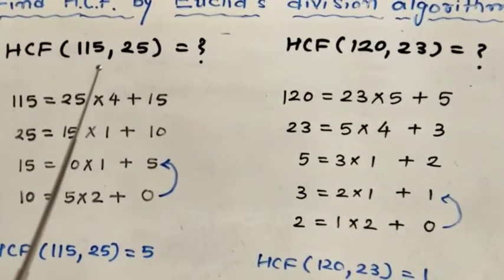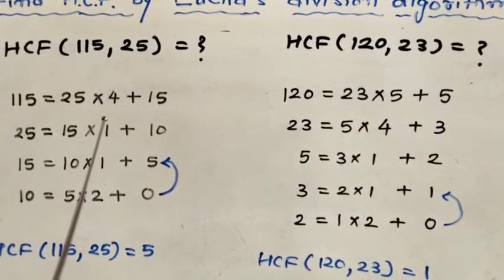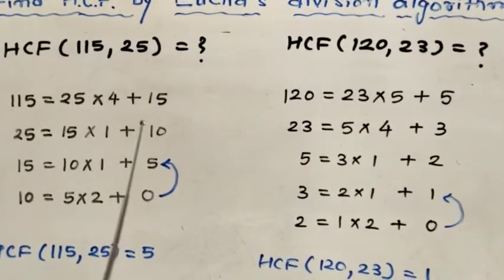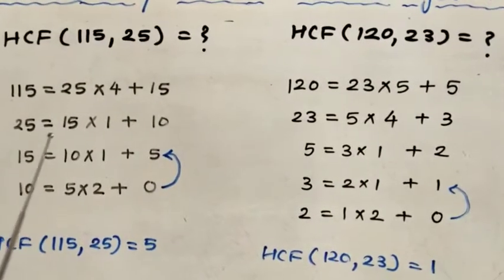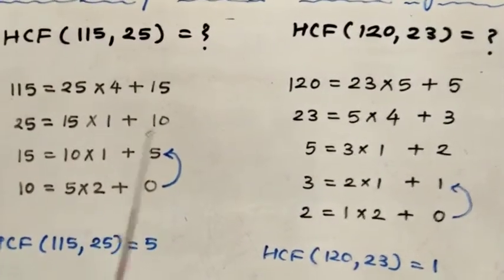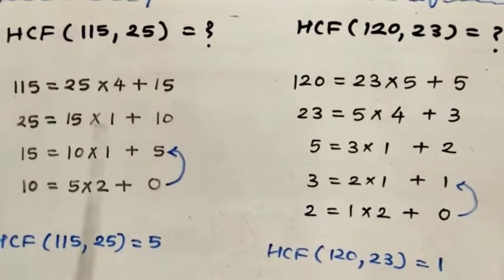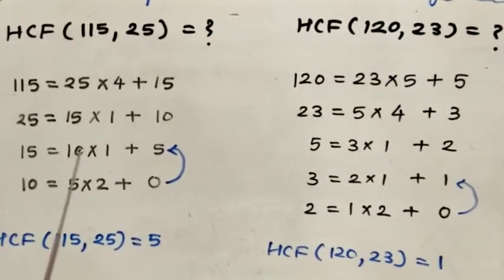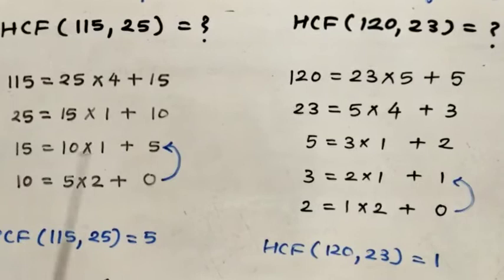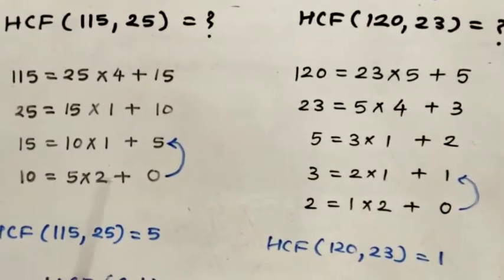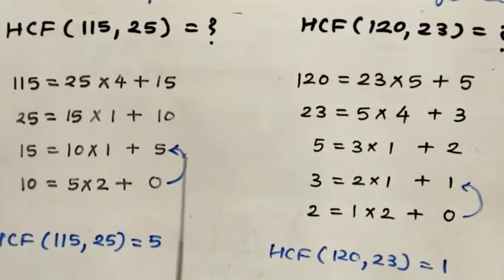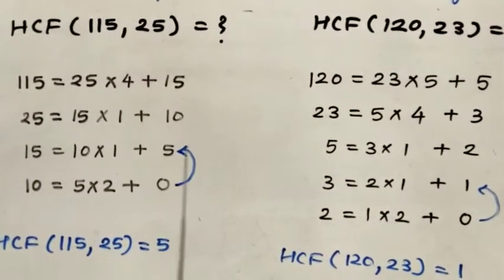We will divide 115 by 25. 25 times 4 is 100, remainder 15. Now 25 divided by 15: 25 is equal to 15 times 1 plus remainder 10. Now 15 divided by 10: 10 times 1, remainder 5. Now 10 divided by 5: 5 times 2 is 10, remainder 0. So here HCF is 5.